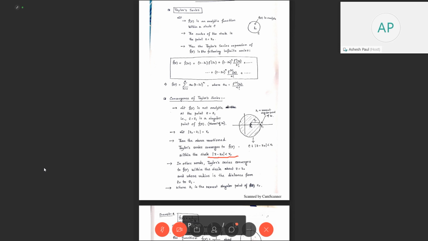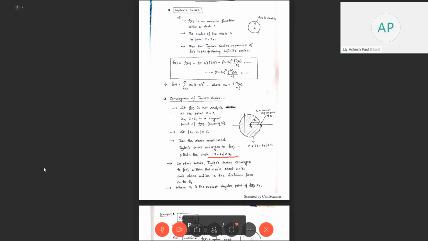In the first page, I have said that the Taylor series of a function f(z) about the point z0 converges to f(z) within the circle mod z minus z0 less than r0. That is, within the circle whose center is at the point z0 but whose radius is the distance from z0 to z1, where z1 is the nearest singular point of z0. This circle, where the Taylor series converges to the function f(z), is said to be the region of convergence of the Taylor series.